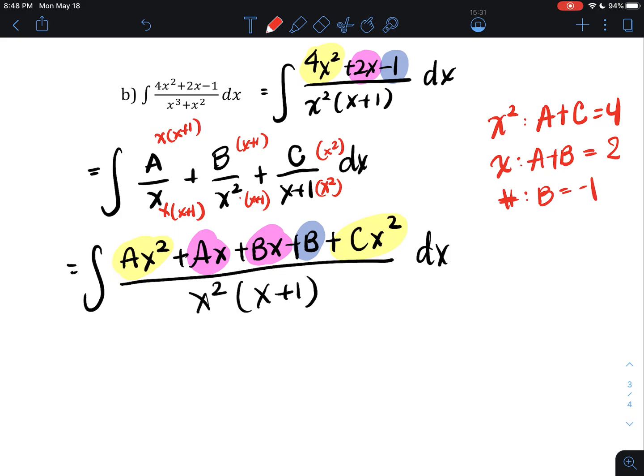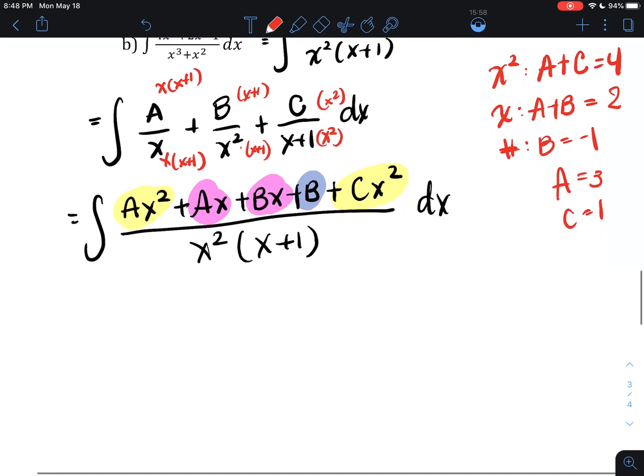Can I trickle it down? Well, can I put -1 here? And then I have, this would give me a equals 3. And then can I put a here, which is 3 minus 4? So c equals 1.